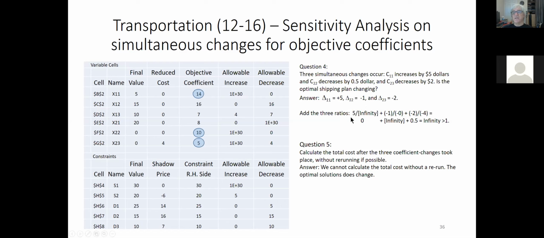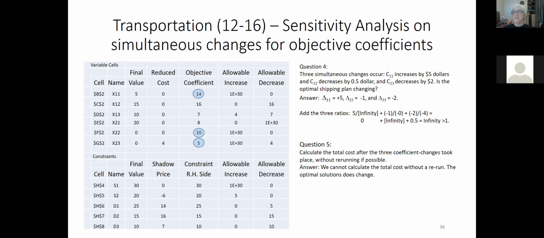Take a look at the ratio. First one is here, 5, and it's an increase divided by infinity. And then -1 here divided by 0. And the last one is -2, and then it's divided by 4. At this point, you don't even have to continue. You already know that the sum is more than 1.